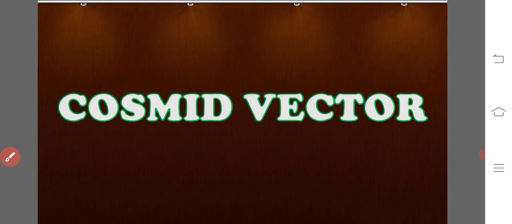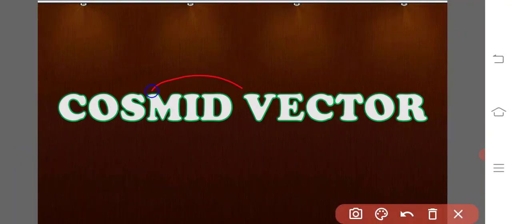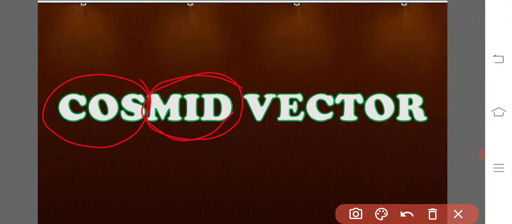And coming to the cosmids, how the cosmids are used as vectors. A cosmid is a hybrid vector which contains characteristics of both: the mid from the plasmid and the cos sites from the bacteriophage.